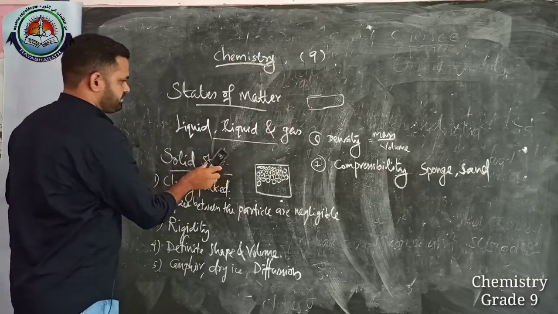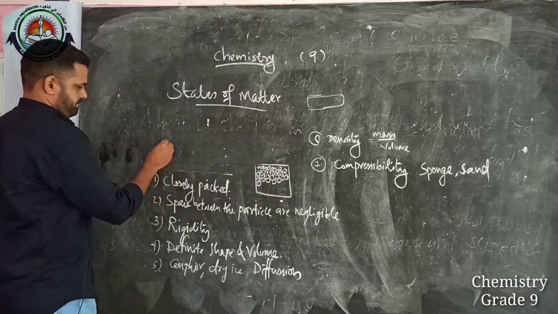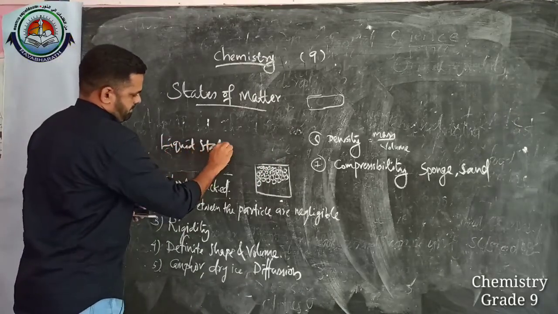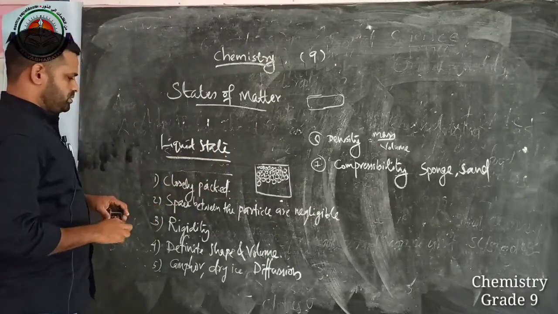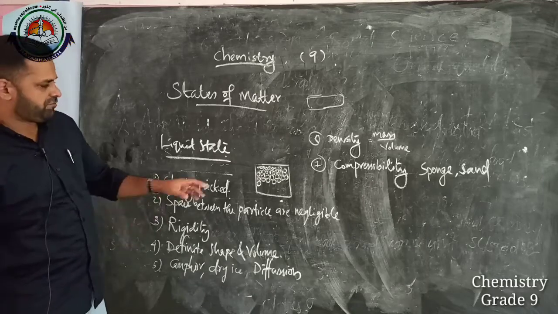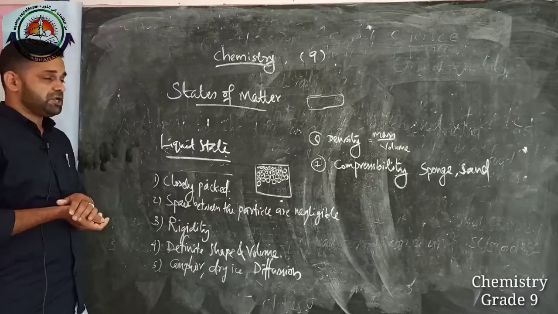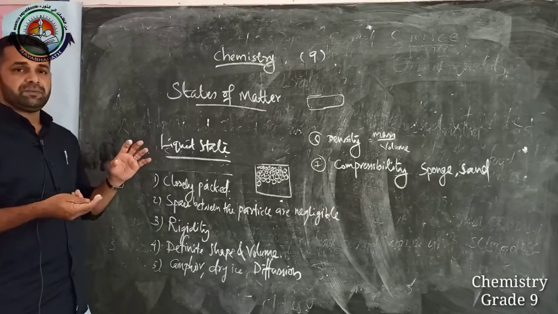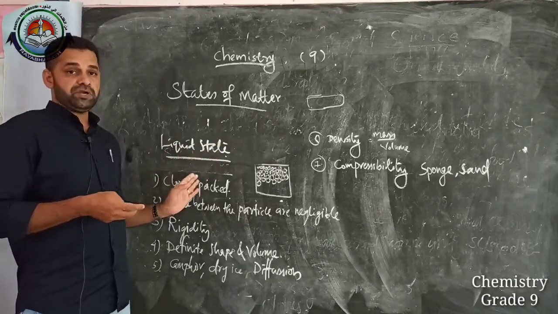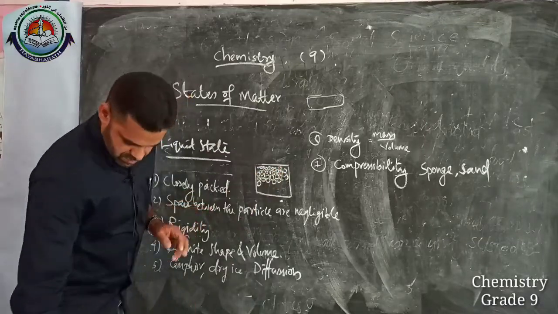In the liquid state, what about the packing? How are the particles arranged in the liquid state? In the liquid state, the particles are loosely packed as compared to solids.